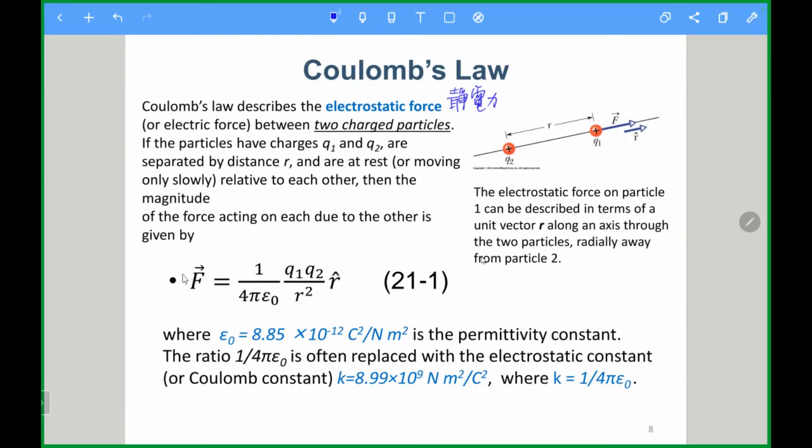So the force is of course a vector. And in physics 1 or even in high school physics, you know what a force is. The force has an SI unit of Newton.